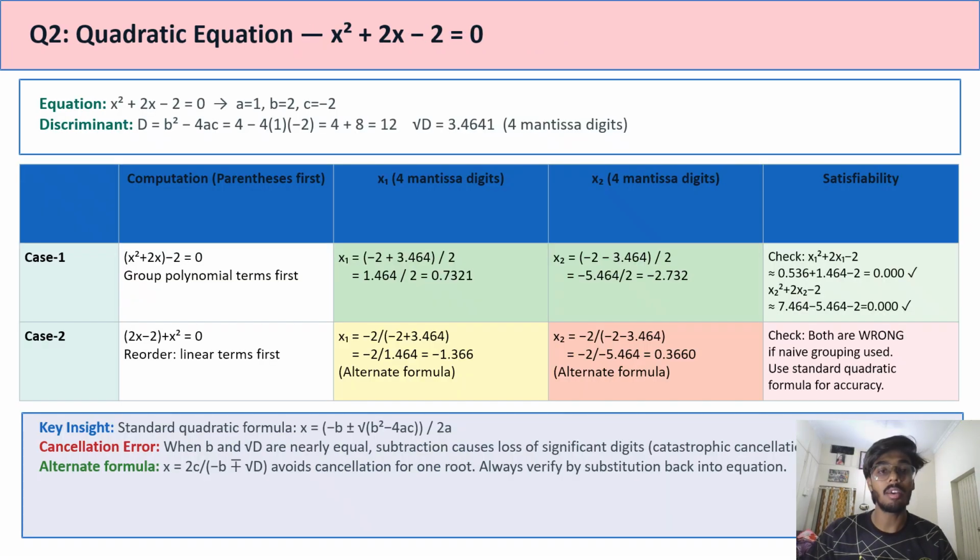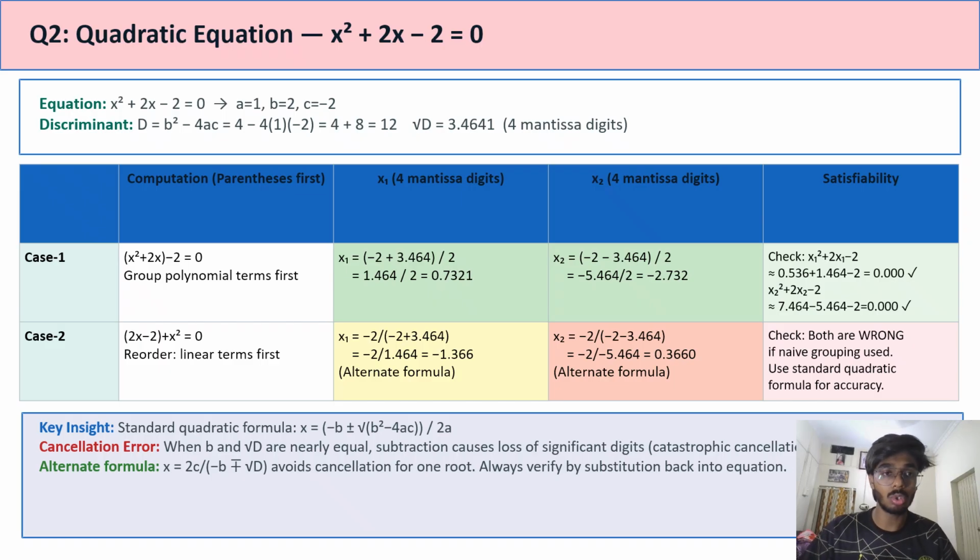The next question we have is the quadratic equation x square plus 2x minus 2 equals 0. We have to solve this equation where a equals 1, b equals 2, and c equals minus 2. We have two cases to solve this.